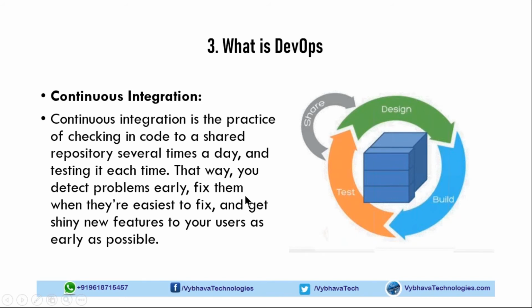And immediately you are going to fix them. Whenever something is wrong, you have to fix it, and this fixing is so fast when you are working in the DevOps culture. It is easy, and new features come very fast.